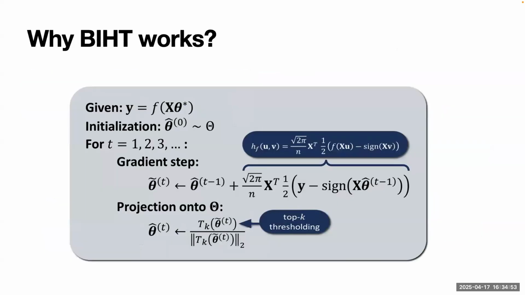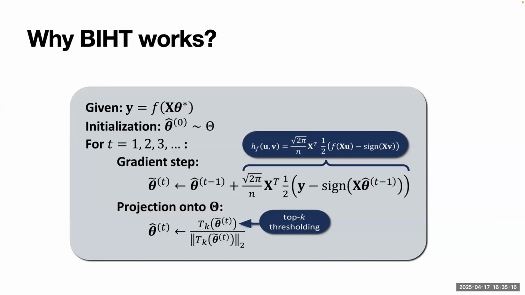Okay, and I will tell you what is actually new over here. So let's see why BIHT works. I'm just rewriting the algorithm. This is the gradient step that we are taking.